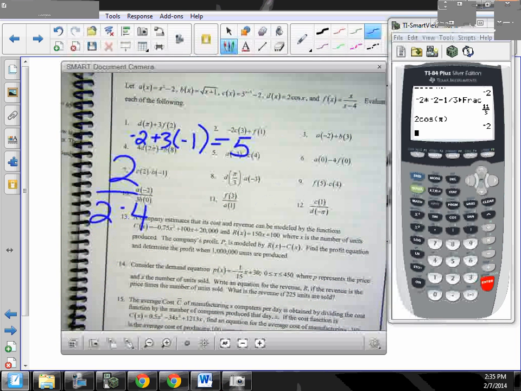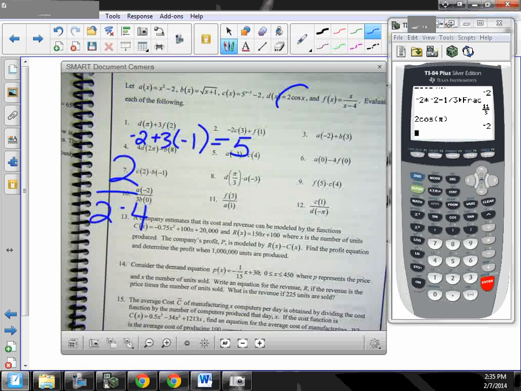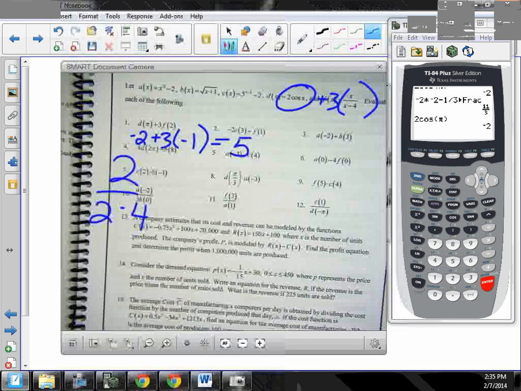The really hard way to do this would be to take d of x and add it to 3 times f of x, and then plug the numbers in, which is not what we want to do. Yes, that is negative 5.